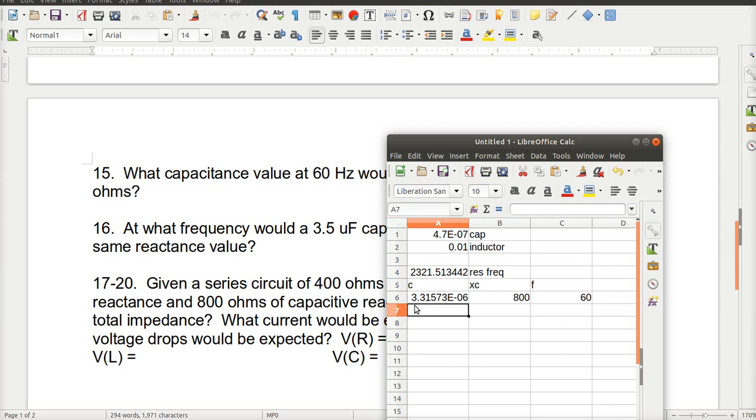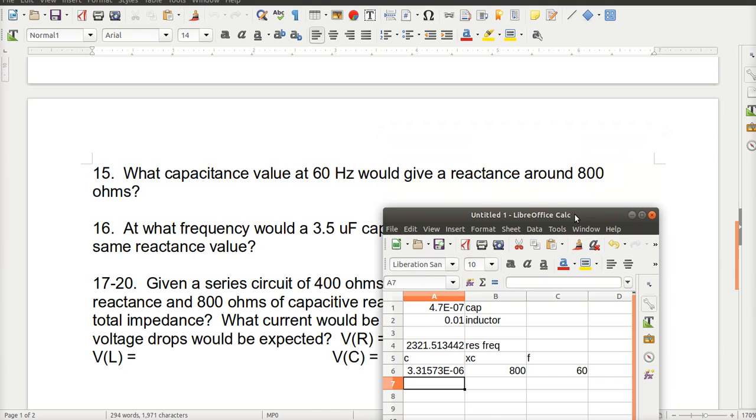So there's my capacitance. 3.31 times 10 to the minus 6. That's a 3.31 microfarad capacitor. We're solving for capacitance.